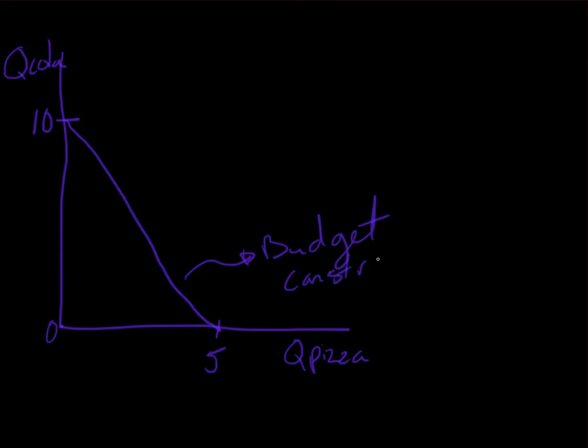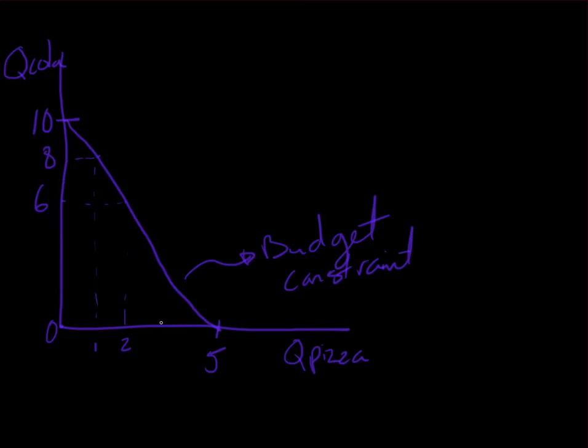Okay. So the examples I had on the previous slide represent a bunch of examples that fit this. So we could have the example that we had 1 slice of pizza with 8 units of cola, 2 slices of pizza with 6 units of cola, 4 and 3, and 2 and 4.